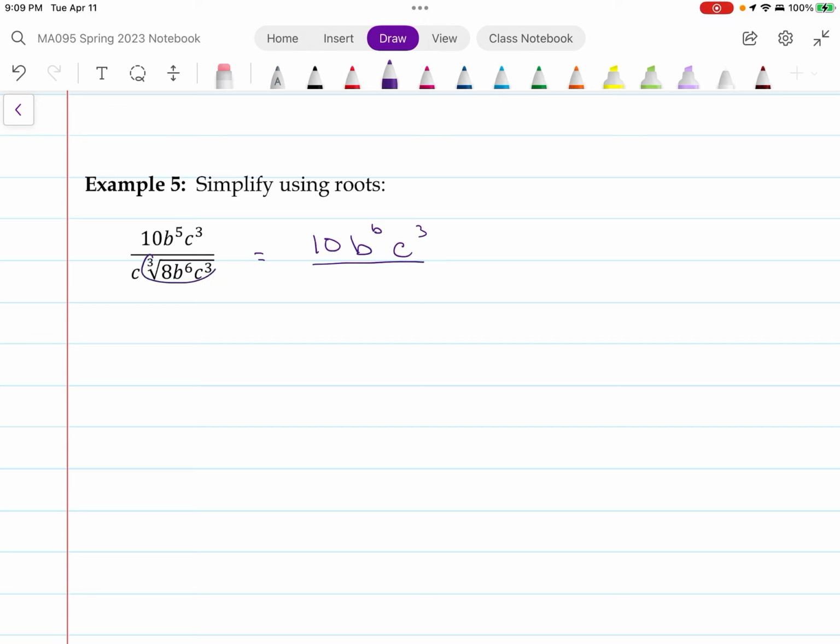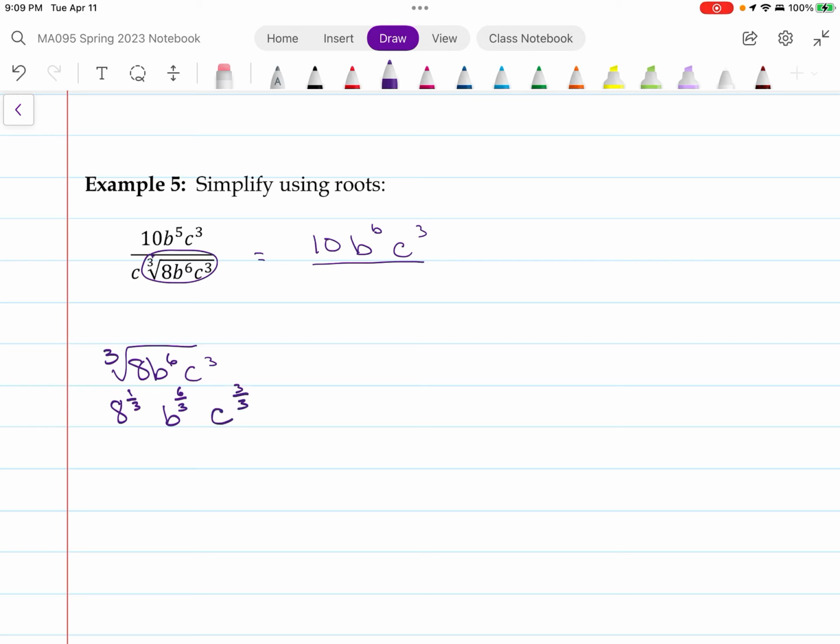And this is all one thing. So let's go deal with this cube root of 8b to the 6c cubed by itself just for a moment. So let's do this with exponents. So 8 to the 1/3, b to the 6th to the 1/3 means b to the 6/3, and c to the 3/3. Well, look how much that simplifies.